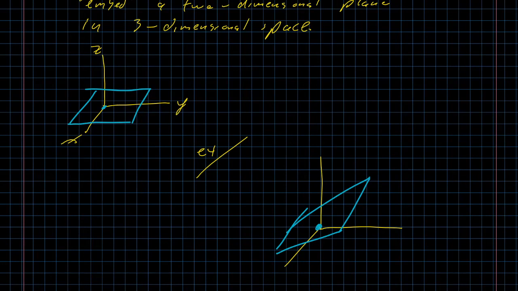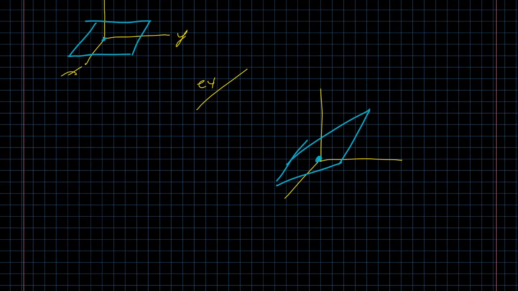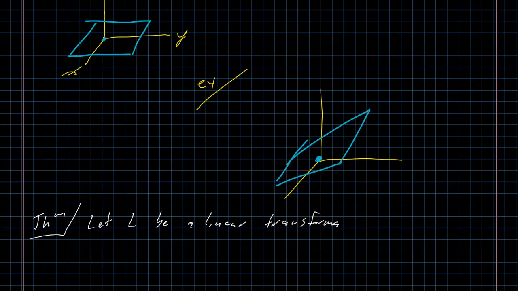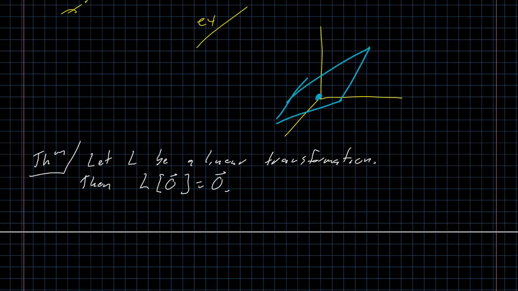And the reason for that is a pretty straightforward theorem, where I claim that for any linear transformation, if you evaluate that transformation at the zero vector, you get out the zero vector.